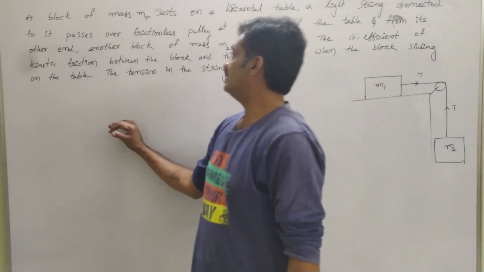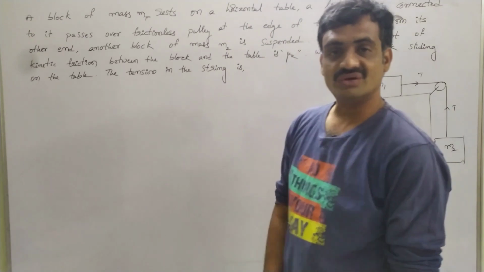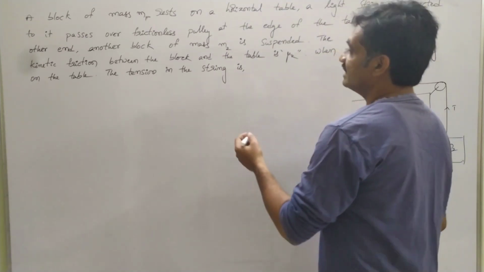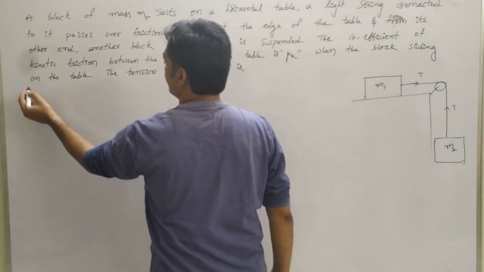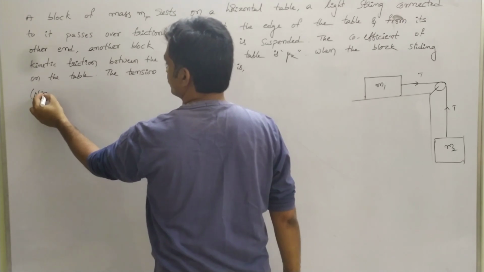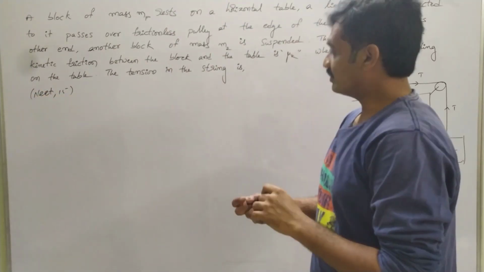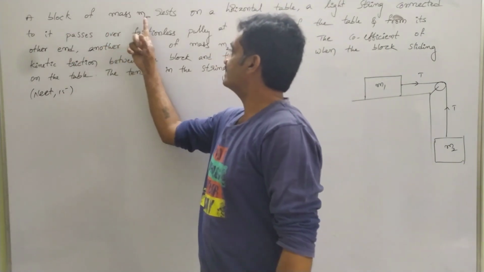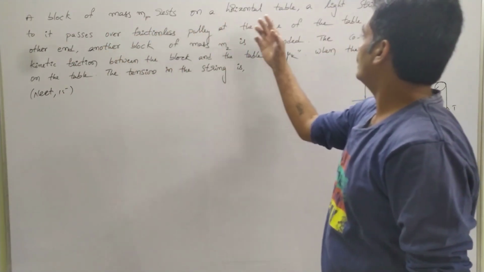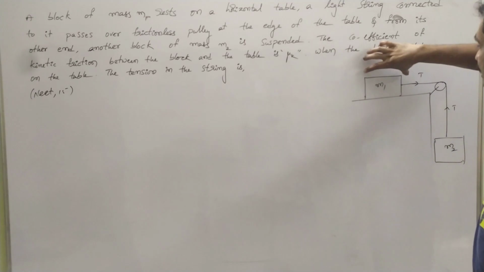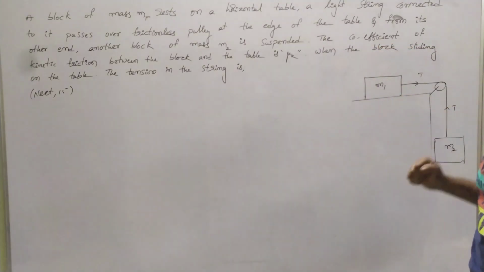So let's solve a problem based on this pulley block system, and this problem was asked in NEET 2015 paper 1. So let's see the problem. A block of mass m1 rests on a horizontal table. Observe this, a block of mass m1 is resting on a horizontal table.